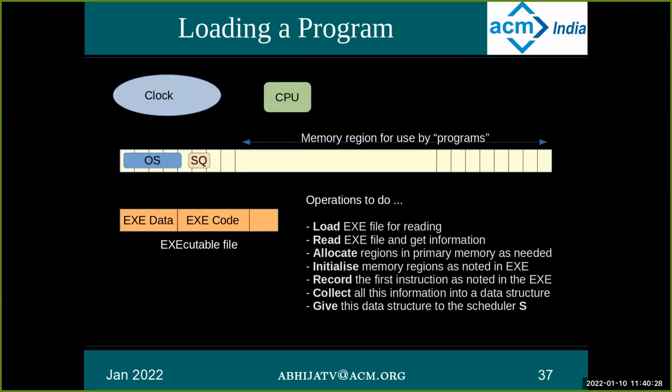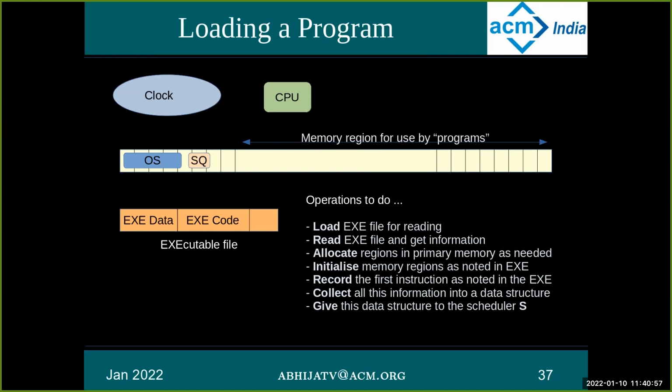Okay. And again, this is what we will see through a little bit of an animation, something that we had done a little before, but let me repeat that. There is something that I want to add. Let's go ahead. You explicitly see the OS in front of you in the memory and the scheduler queue, SQ. There is some scheduler queue that is there. Of course, this is not a session on operating systems, so we are going to think of just one scheduler queue.